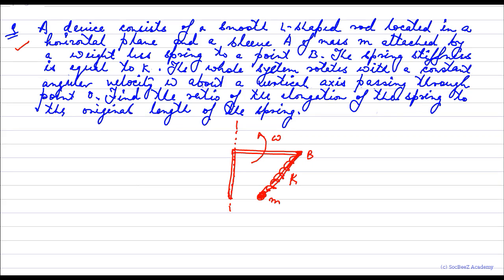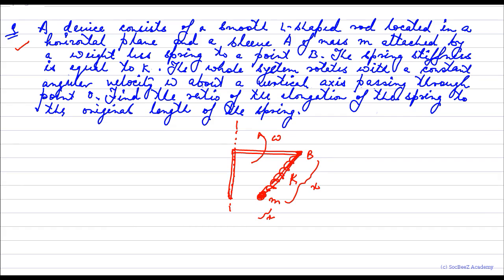So I need to find out the ratio of the elongation of the spring to the original length of the spring. So in an undeformed state, let's say the spring had length x. Since this rod has begun to move with an angular velocity of omega, there is going to be some extension in this spring.